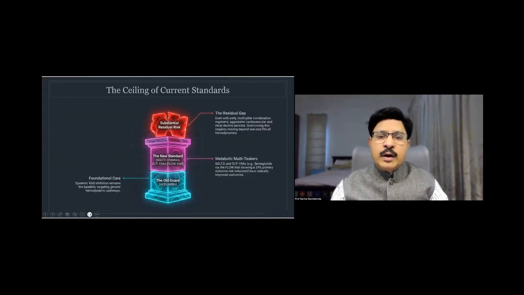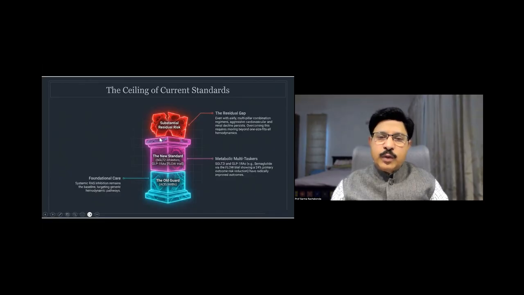Now you have the old guard ACE inhibitor, and on that the new guard like SGLT inhibitors, GLP-1s, and the NSMRAs, and the substantial residual risk also has to be addressed in future.